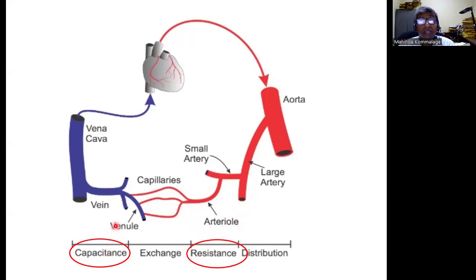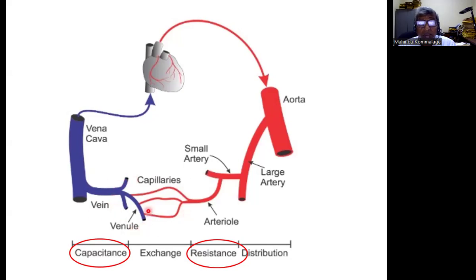In the venous system, we have venules, which we call capacitance veins, and arterioles we call resistance arteries. These places we can control through the nerves.